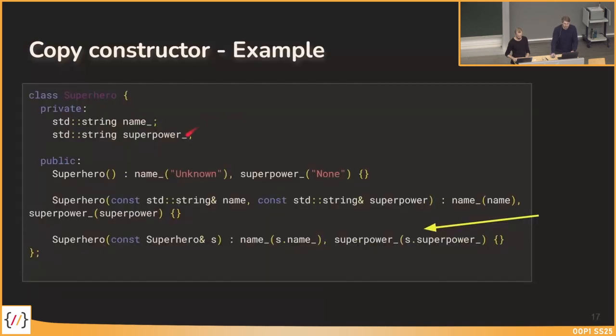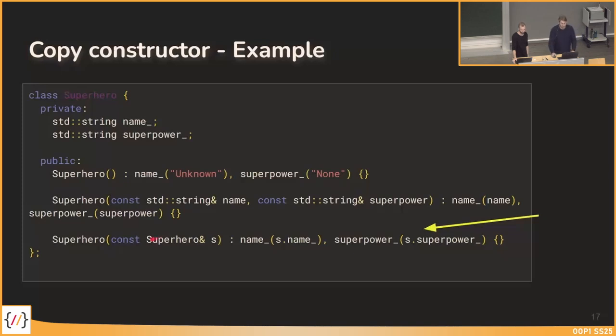When we have a look at this code here, we have some private members. We have the default constructor here without any parameters, and an initialization list. Then we have another constructor which receives the string name and the string superpower. Most interesting in this code snippet is the last constructor, which is now called the copy constructor.